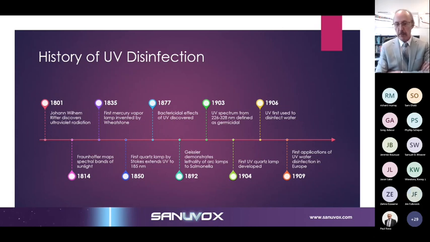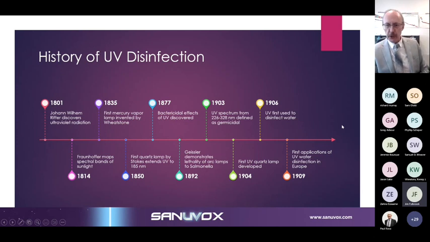The first experiment on bacteria was performed by Geisler in 1892, who demonstrated that these new arc lamps were lethal to salmonella. The spectrum was completely mapped out in 1903. The first quartz lamp for applications was developed in 1904, and UV was first used to disinfect water in 1906.